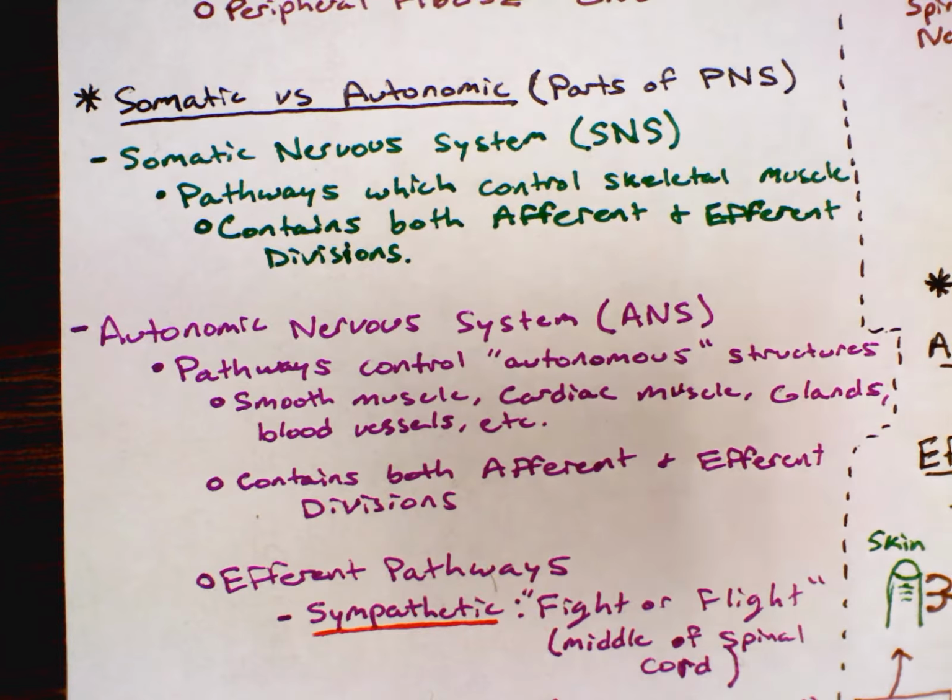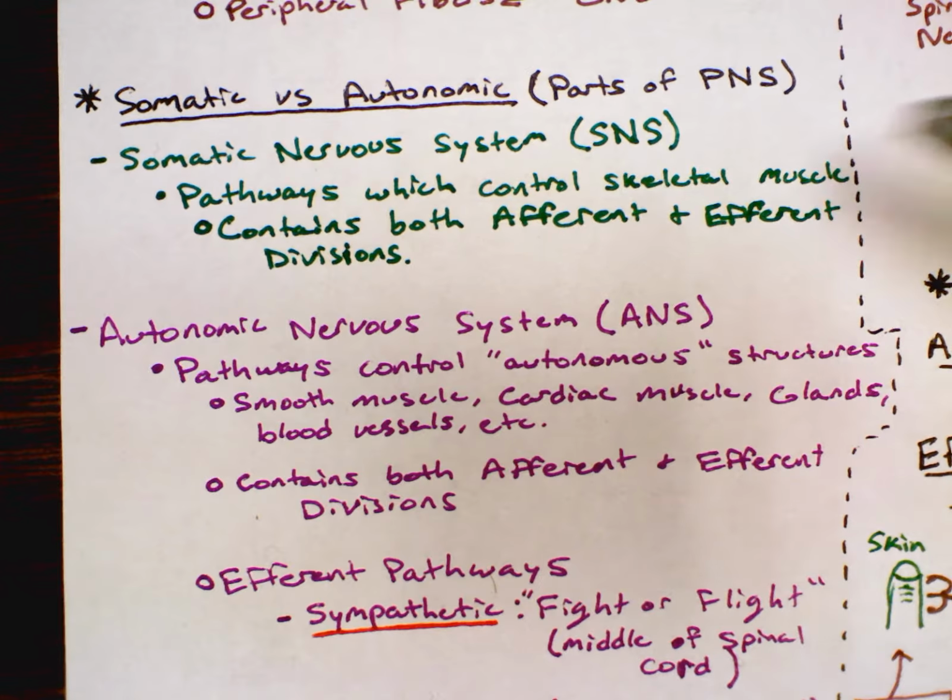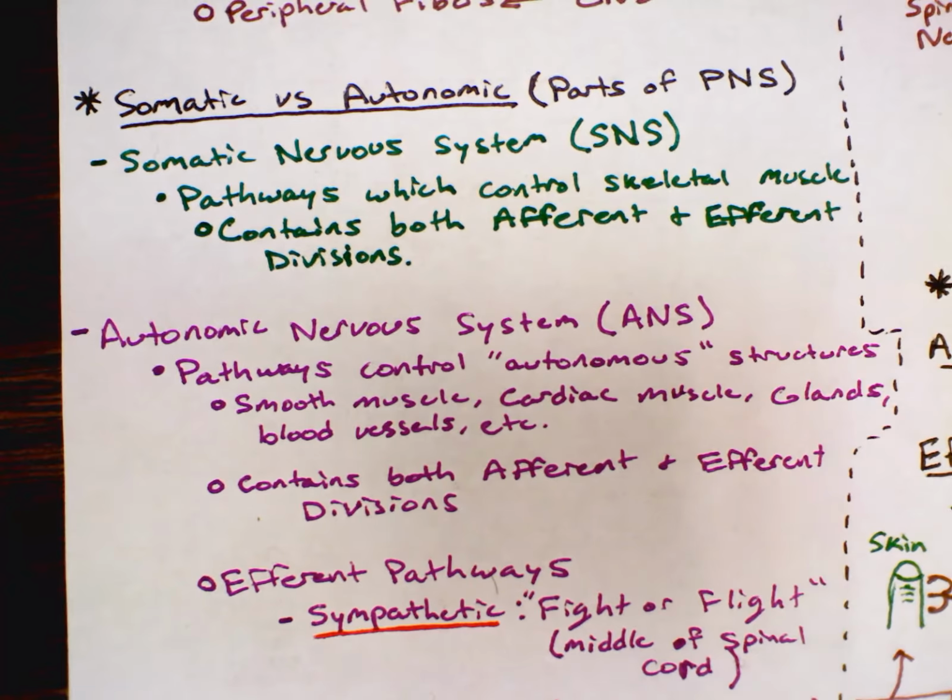And like all parts of your nervous system, we're going to have both afferent and efferent divisions. So there's going to be the stimulus side, sending stimuli in, and then we're going to have the response side, sending out some sort of response through the efferent pathway. And we'll name these here in just a second on your diagrams.